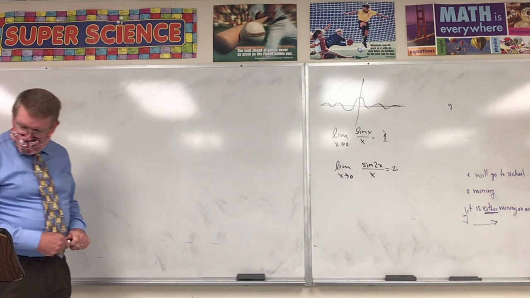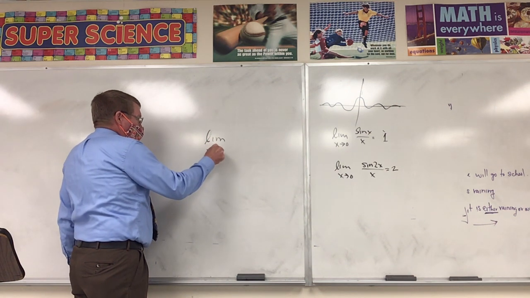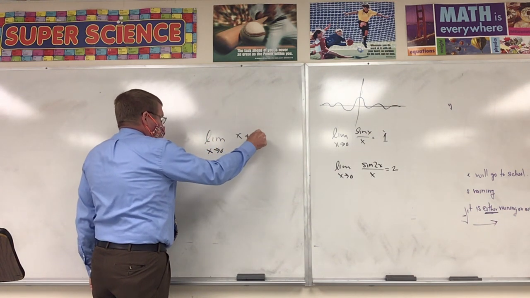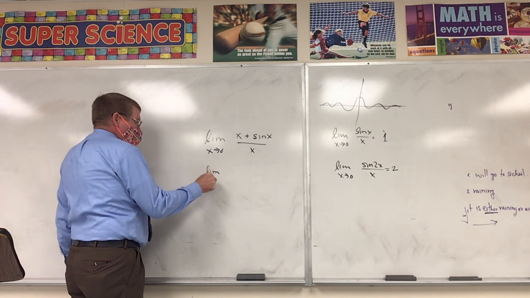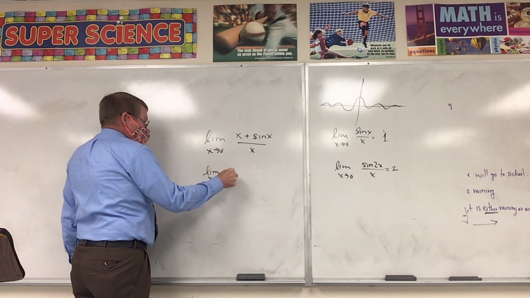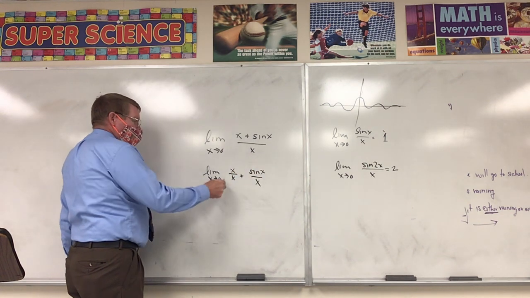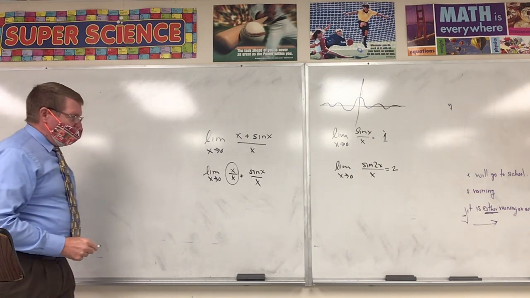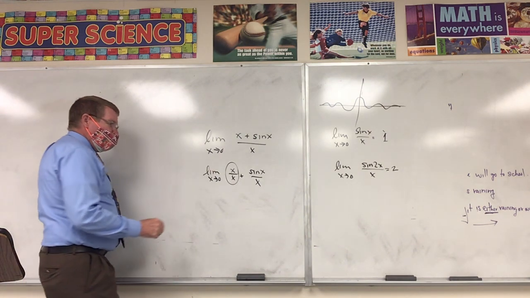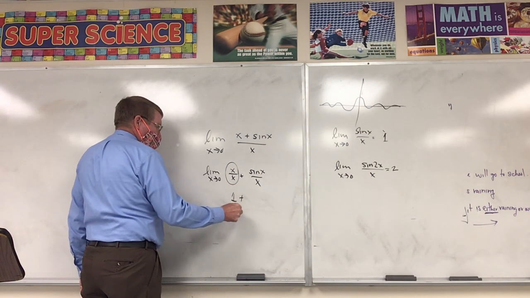All right, so 26, when you see 26, we just divide that up. We use the principle of limits, the limit of sine x over x goes to one, right?